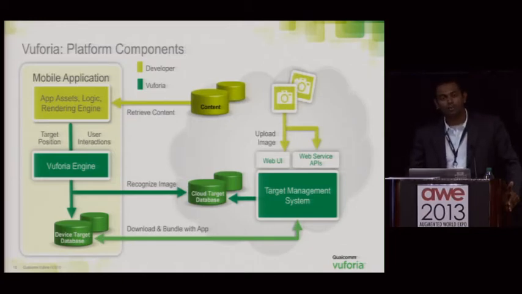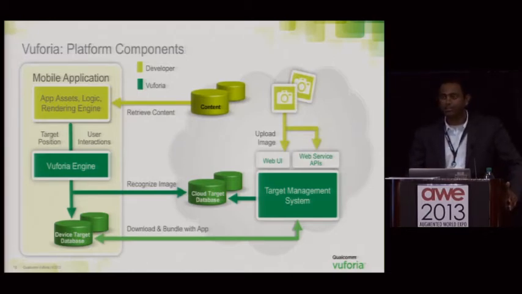Now, in some cases, especially in print and publishing, the sheer number of images and the rate at which they're changing, like in retail and publishing, those images change quite often, and it's not feasible to have all these images on the phone itself. And so for that, we offer a cloud solution, which we know as cloud target databases, or the cloud recognition system that came online in December last year.